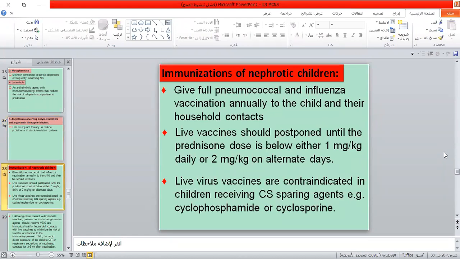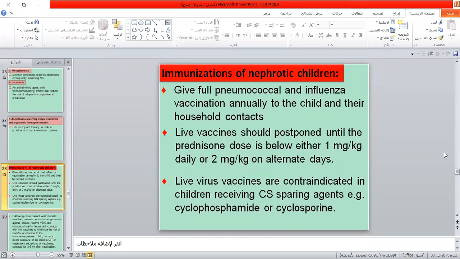The patient with nephrotic syndrome هو immunosuppressed patient because of the prolonged use of the corticosteroid قلنا يمكن تصل up to 5 months. فهنا لازم عندنا consideration about the immunization of the patient with nephrotic syndrome لأنه أي لحظة يصير عنده severe infection.